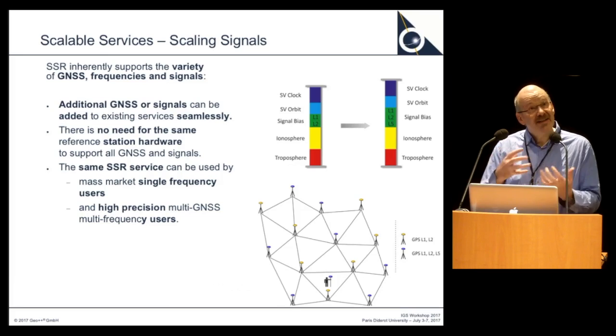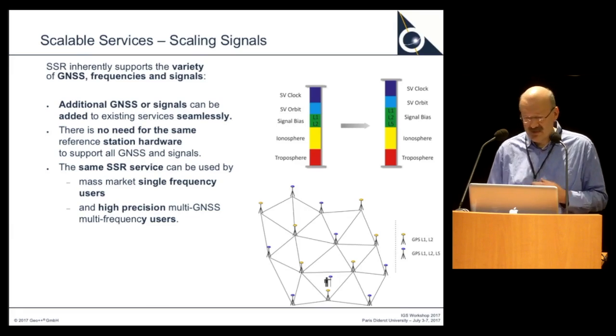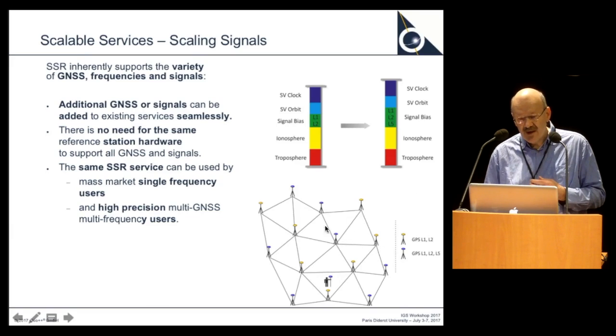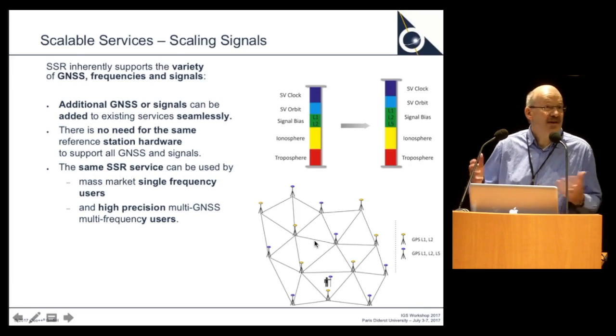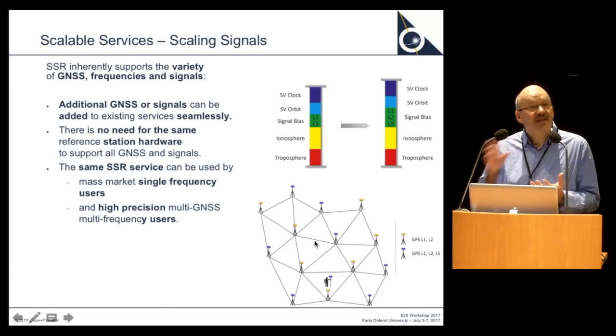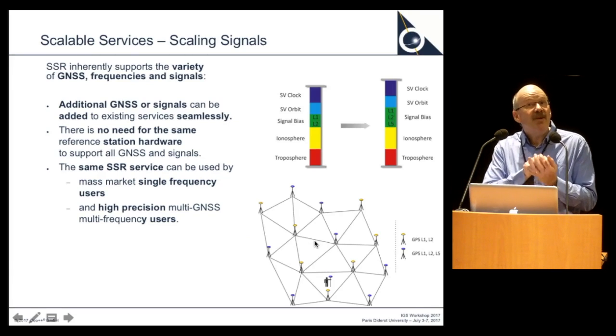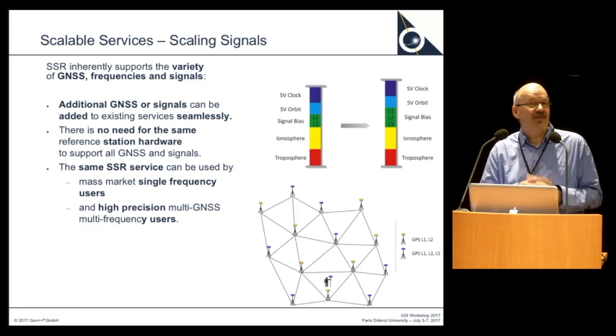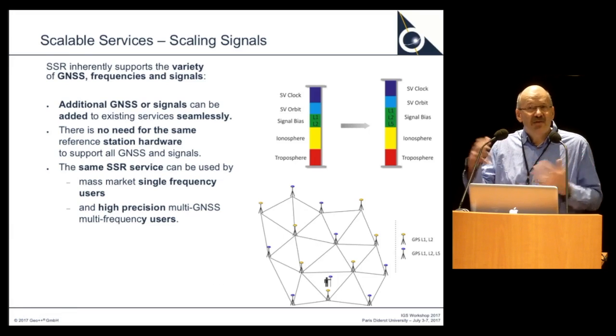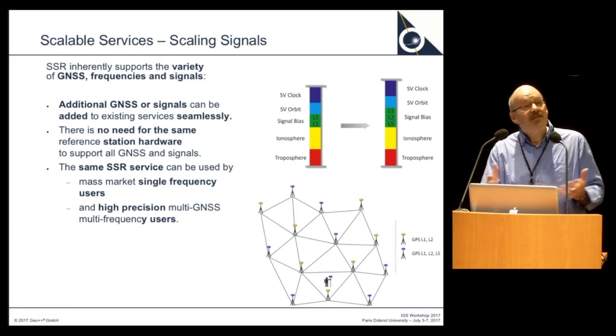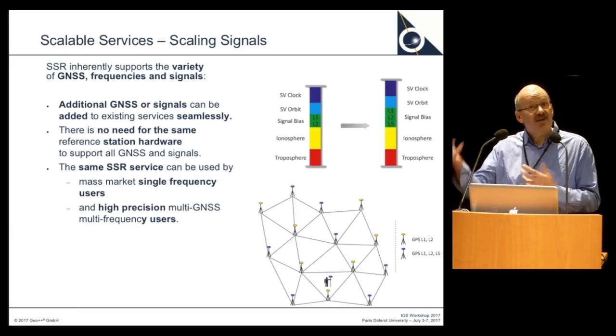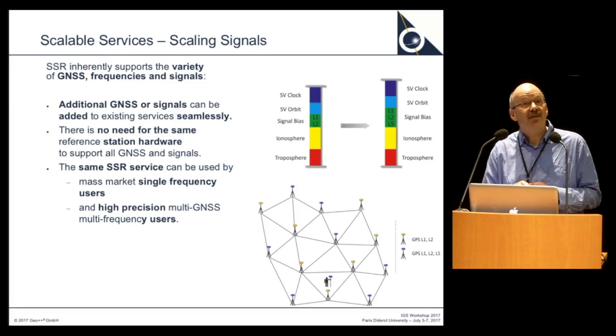So this is very scalable in the signals you can support with the technology. It is also a feature that you do not need to have the same hardware on every reference station. This is depicted in this graph. You have some L5 capable stations, but most of the stations are L1, L2, for instance, just as an example. But you can derive the state space parameters from a small set of reference stations. For instance, even if you think of Galileo, you need only a subset of stations which supports Galileo, but you can determine the state for every GNSS.